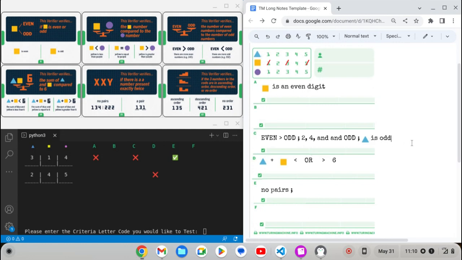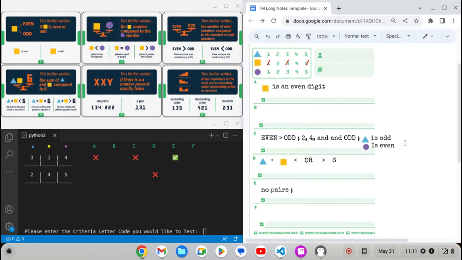And then let me put down slightly lower here that circle is even. And so that is a very interesting sort of conclusion. So we're going to say that circle is even.